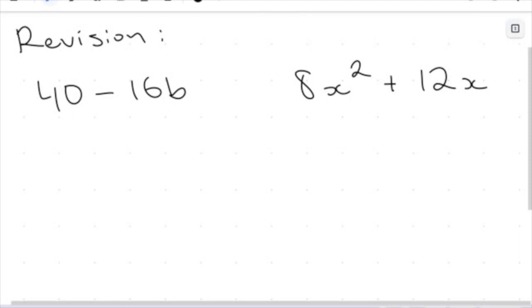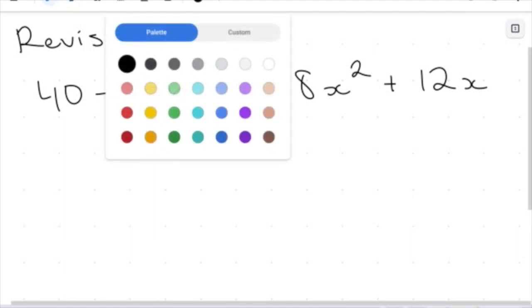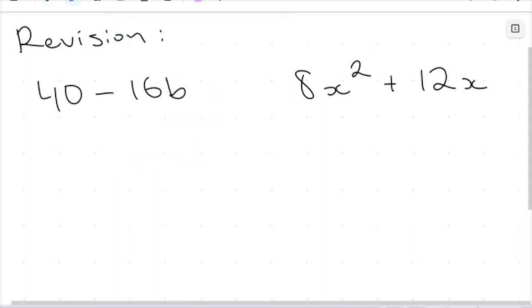I'm going to go through this quickly because I've assumed you know how to factorize expressions like these by now. If not, I have some videos on this from the previous year, so please have a look at those. I'm going to go through this a little bit quicker. Now, we know that when we want to factorize, we want the highest common factor, the highest thing that goes into both of these terms.